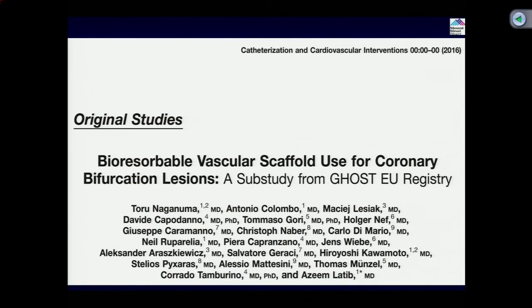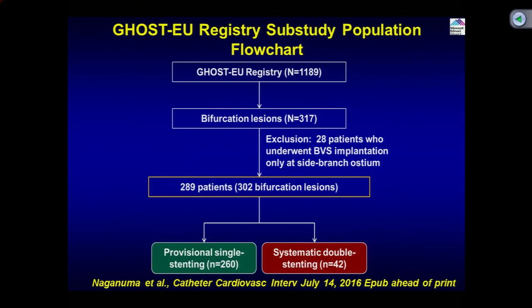The real data comes from the GHOST registry, which gave us the first signal of higher scaffold thrombosis in a systematic analysis. In this study of 1200 patients, in about 44% of cases they had a provisional single stent or a systematic double stent.